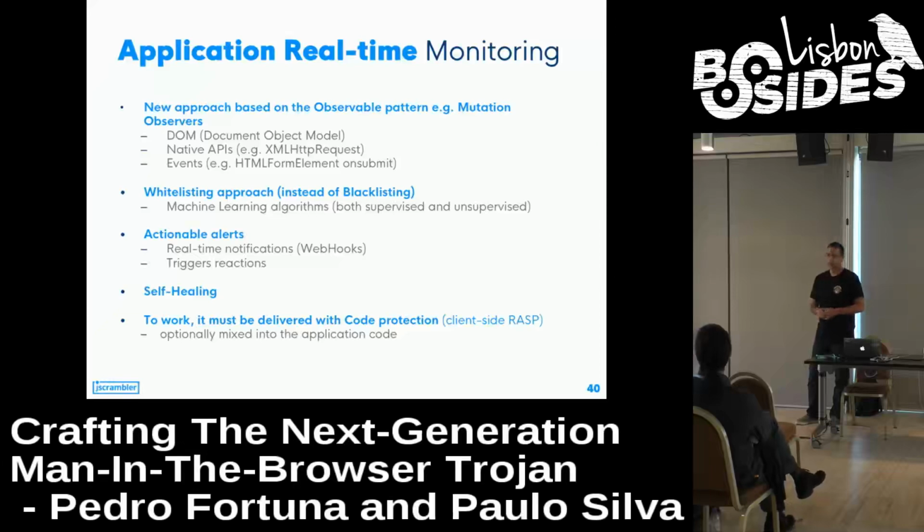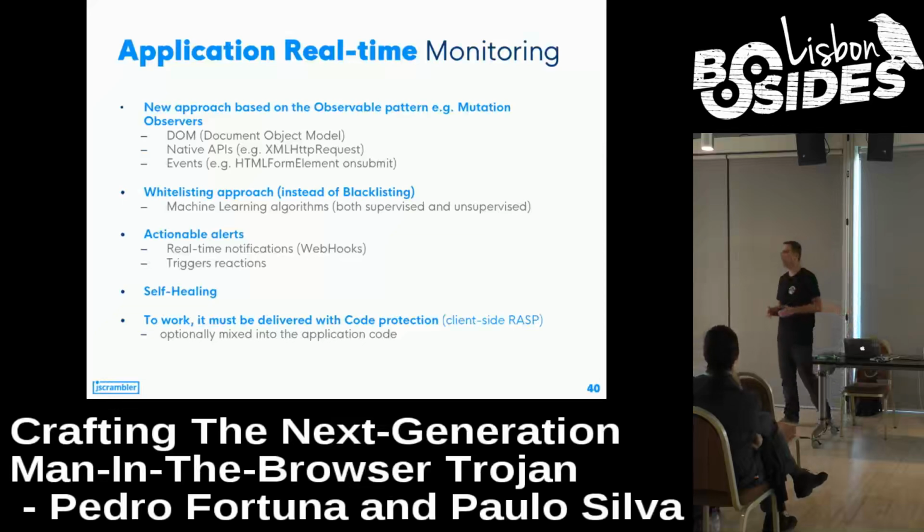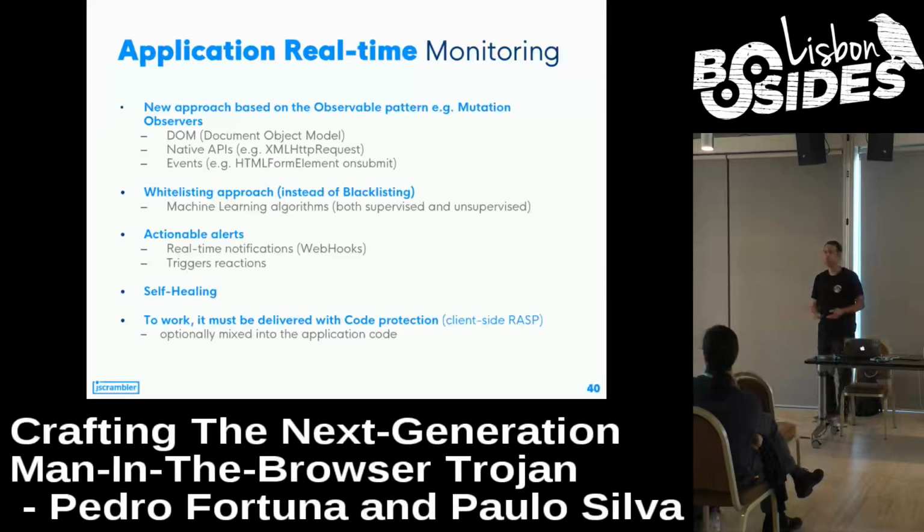So you just need to continuously monitor the page. We recommend the whitelisting approach because we learned from antiviruses that you cannot possibly recognize everything that is malicious now and in the future. But you have to use something like machine learning to deal with the false positives because some of the changes will be benign.